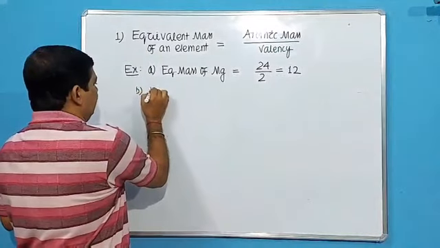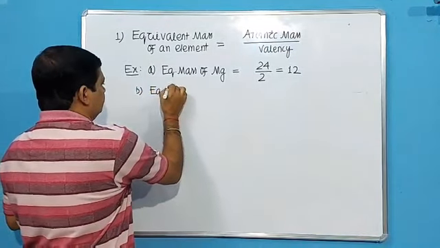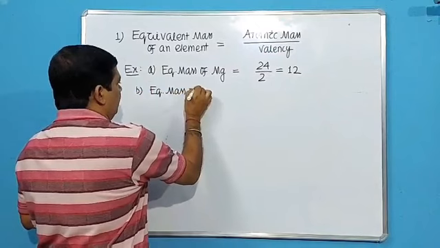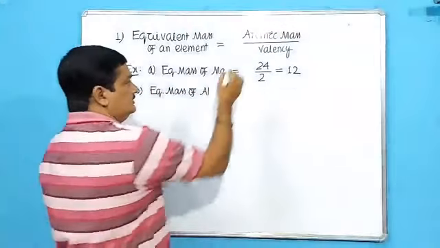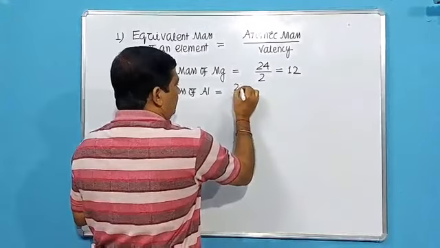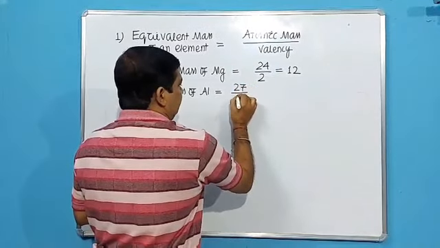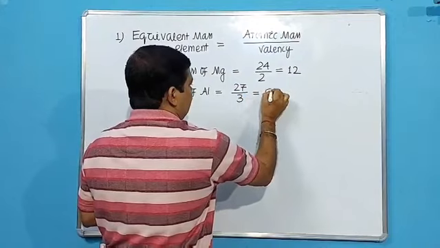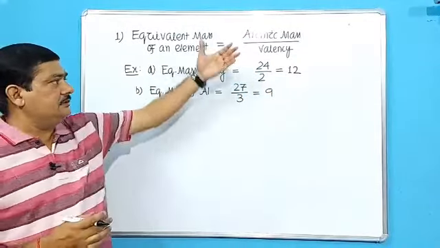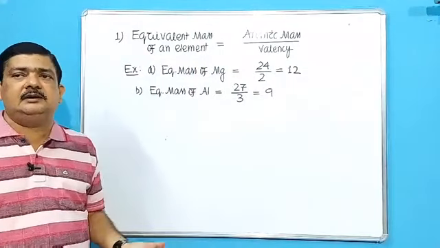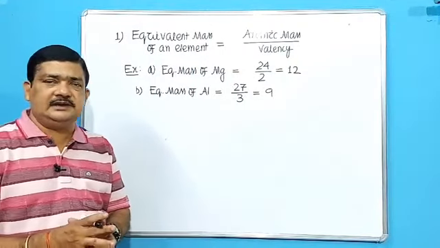Then next, the equivalent mass of aluminium. Same formula: atomic mass of aluminium 27, valency of aluminium 3, so 9. So you have to use the formula directly. You need not worry regarding the definition and everything.